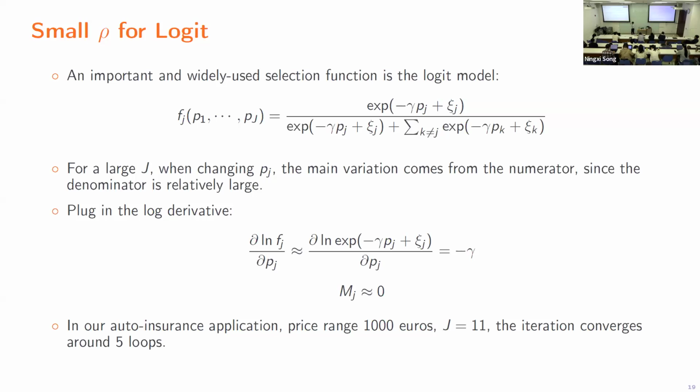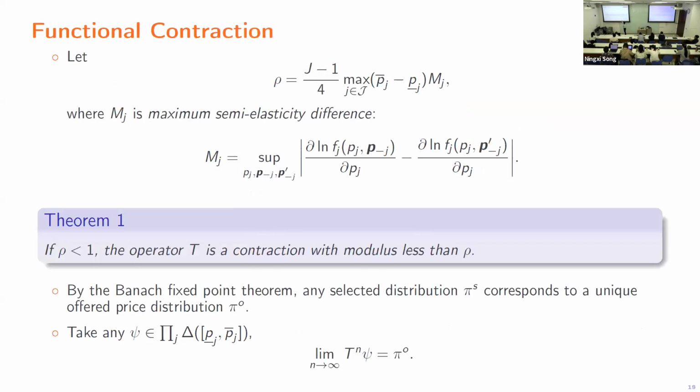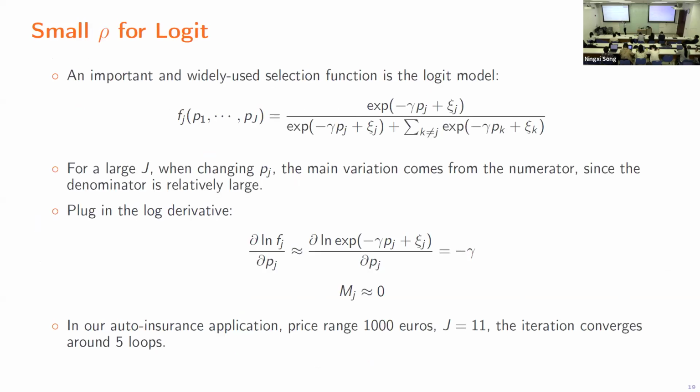As a first order approximation, if we only take the top, the numerator, the log will cancel out with the exponent, then I do the derivative and I get minus gamma. But then I need to take the semi-elasticity difference. If I take the difference, this m will be close to 0. That implies why in our empirical application, the operator contracts super fast.